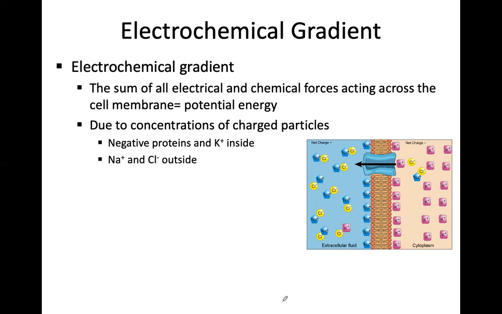We can have charges like negative proteins inside the cell. That's another contribution. We can have a really high concentration of potassium inside the cell. And then on the other side of our membrane, in our extracellular fluid, we will create a high concentration of both sodium and chloride, which is your typical salt, basically, Na and Cl.